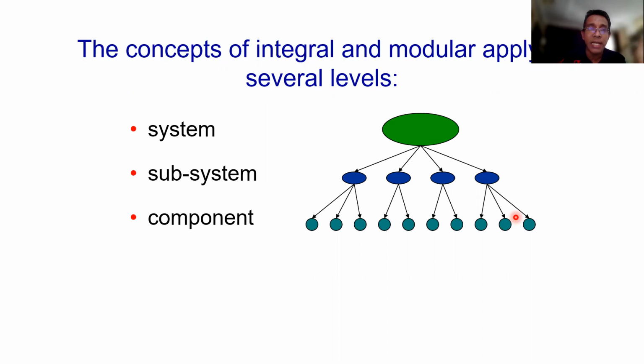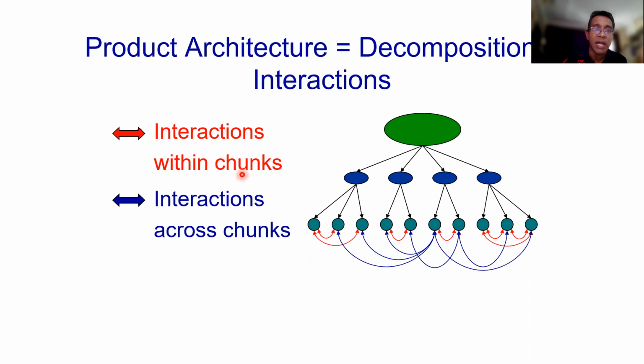In this case, we have system, subsystem, component, with clear interrelation or connection between several levels. But you can see here, interaction with a chunk can be internal, but across chunks they also have interaction, for example, from this line they can cross over to another line, another subsystem. There is interaction across chunks.